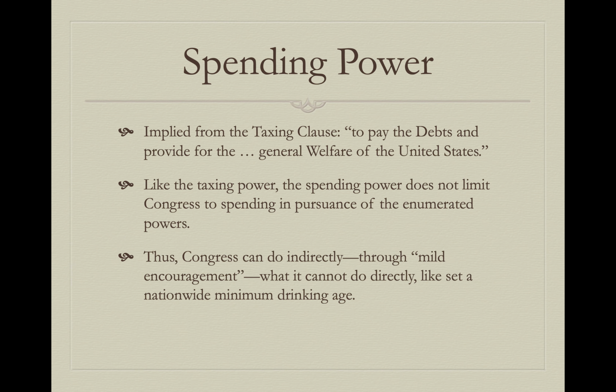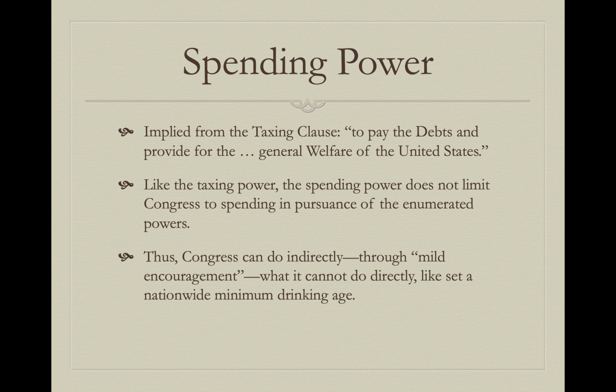And like the taxing power, this power is in a certain sense greater because it's unmoored. It's not tied to any of those other enumerated powers. So the court says, with respect to the spending power, that Congress can do indirectly through mild encouragement what it cannot do directly, like setting a national drinking age. Right?